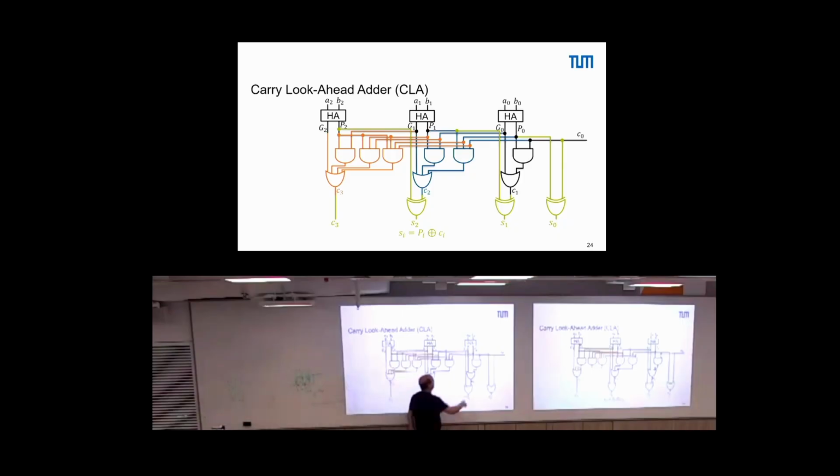Then each wire here has to drive now, let's take this G0, it has to drive not only the wire here, but it has to drive the wire here, then here the gate, then here the gate, and if I would add further stages, further gates, right?